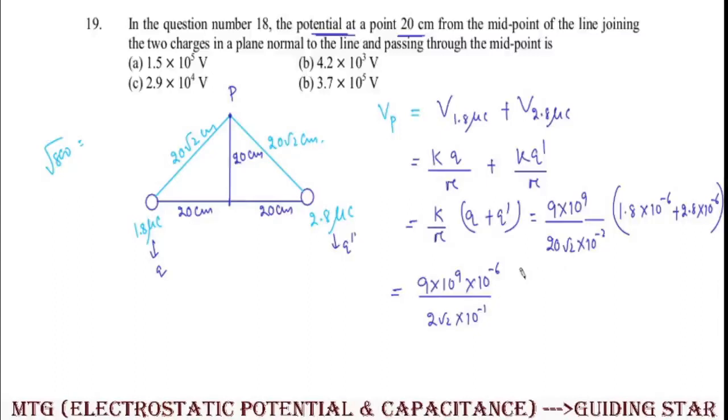So 18 plus 1.8 plus 2.8 is 4.6, so it will be 2.3. So finally here we simply know that 9 into 10 to the 9 into 2.3 will come out to be the value of the previous one.